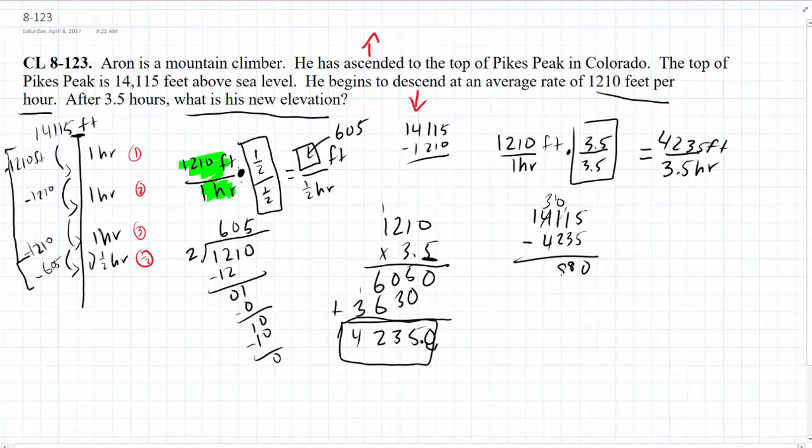So 10 minus 2 is 8. 13 minus 4 is 9. So his elevation is going to be 9,880 feet. That would be his new elevation. If he went down that much at this point right here, that's going to be the 9,880 feet. All right.